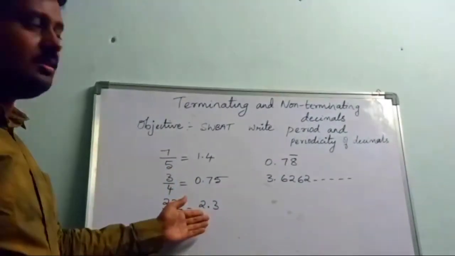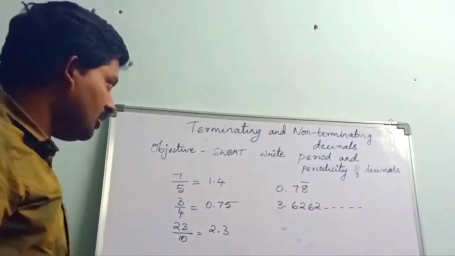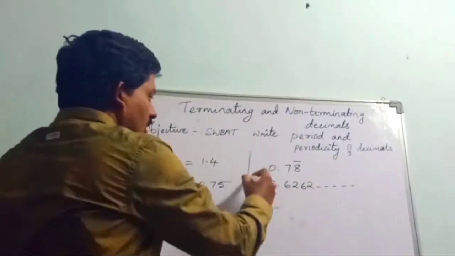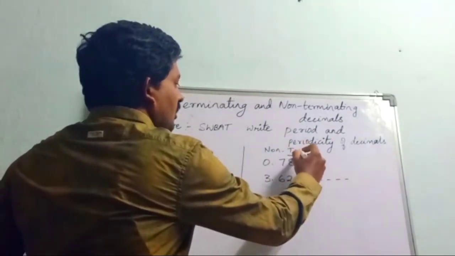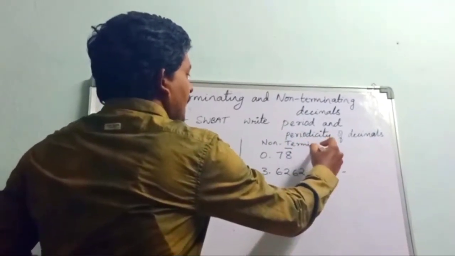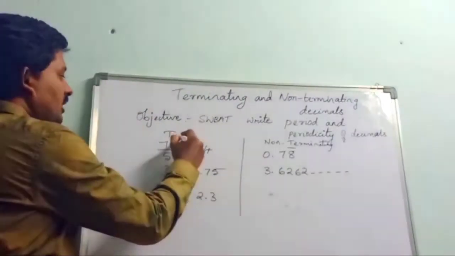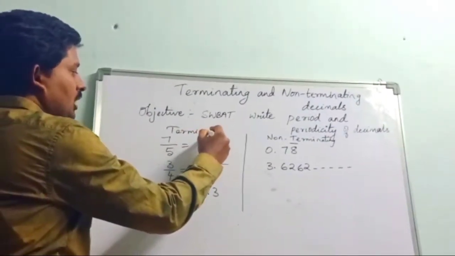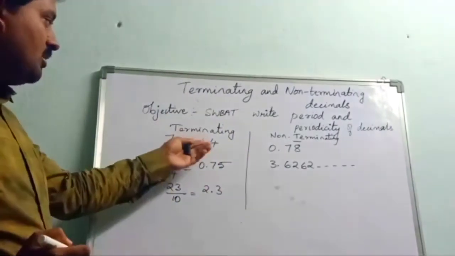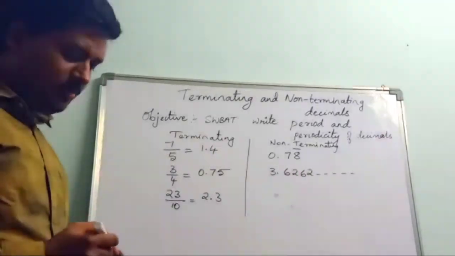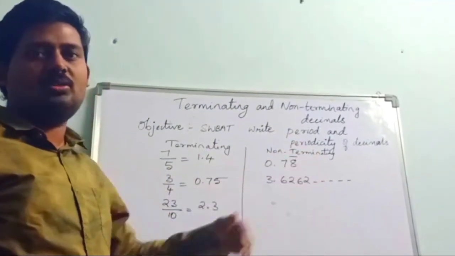We have already seen this yesterday, and these two are non-terminating decimals. I hope you all remember, right? So terminating decimals have a decimal expansion which terminates, and non-terminating decimals which don't.